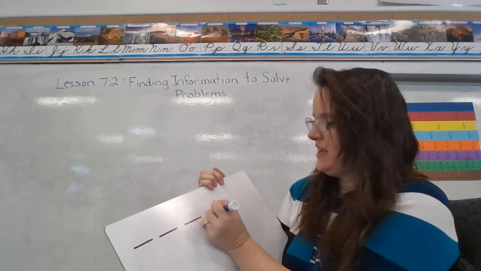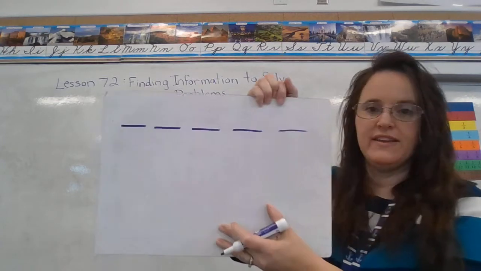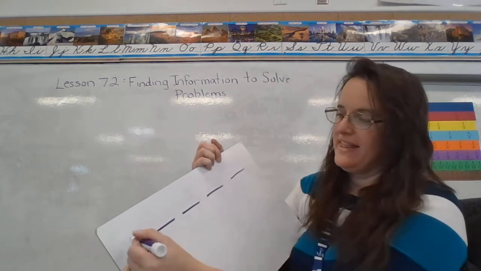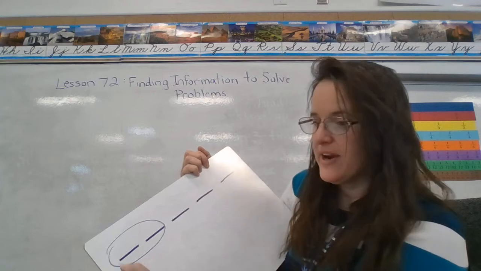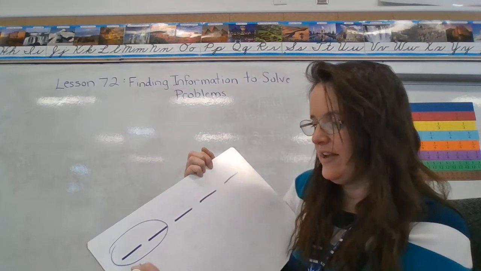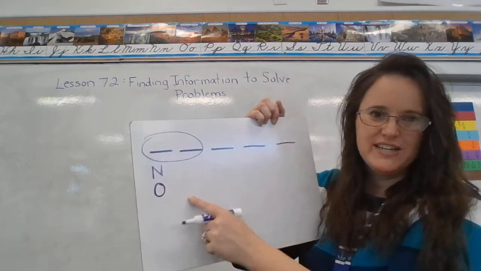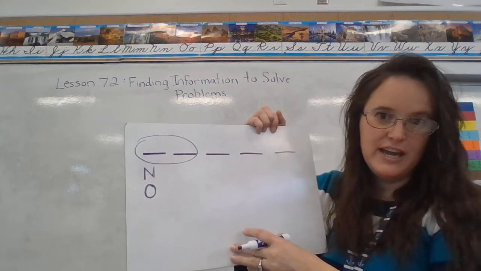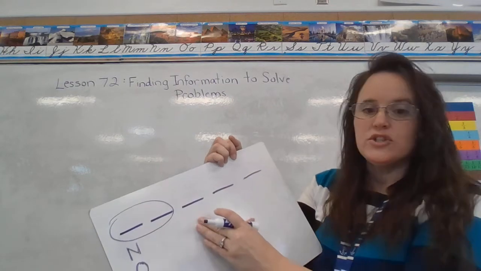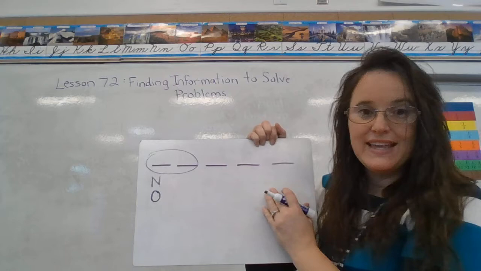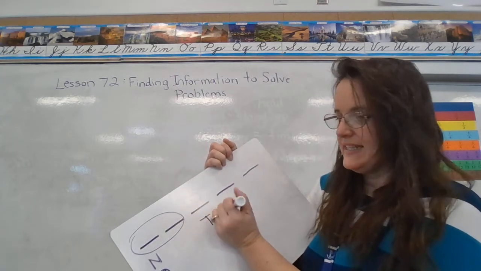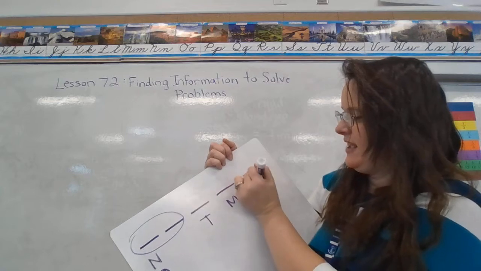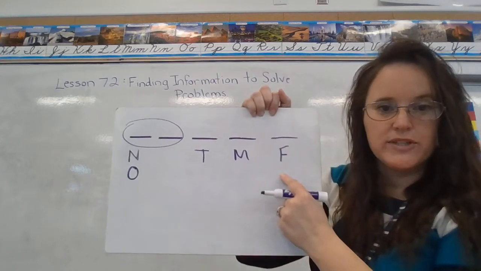1, 2, 3, 4, 5. Okay? But these 2 are always Nebraska and Ohio. I'm just going to use the first initial so I don't have to write it out every time, okay? So these 3 can switch, but it's going to be Texas, Maine, and Florida that we're switching.